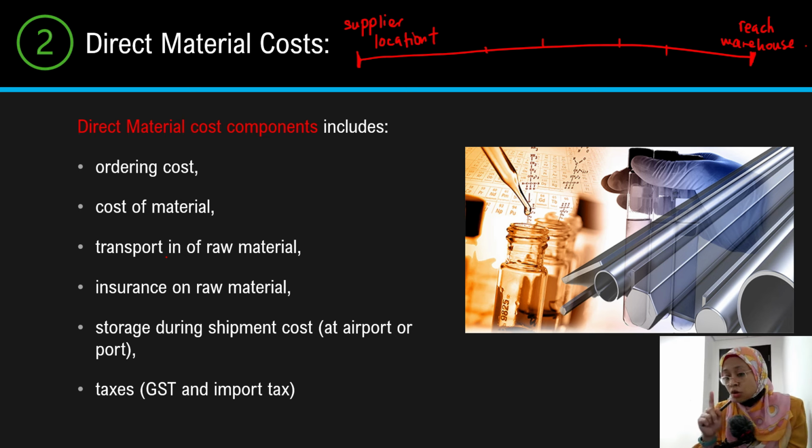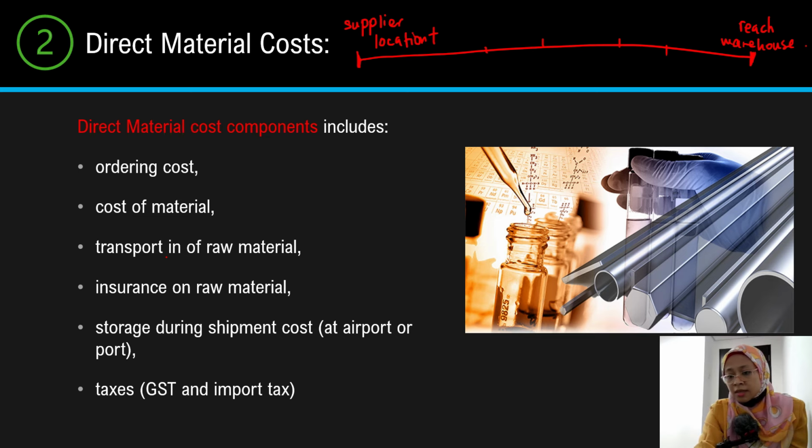The insurance is not for the business factory and so on, but specifically for the raw material itself. The storage cost during the shipment at the airport or port, as well as tax, for example, GST or VAT tax and import tax. So these are the costs which may be incurred in the middle, from the supplier location until it reaches the warehouse.